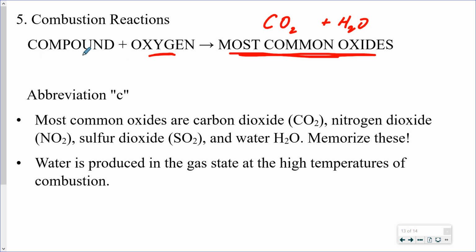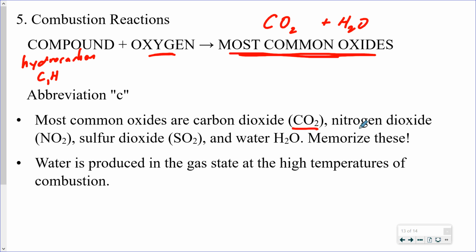That will be the case if your compound is what's called a hydrocarbon or an alcohol, where you do have carbons and you have hydrogens and maybe you have oxygens in there as well. So yeah, most common oxides, if it is in a hydrocarbon, then it will be carbon dioxide.